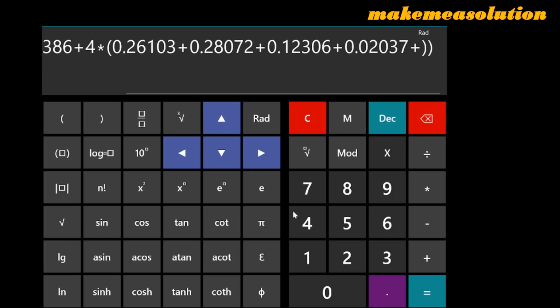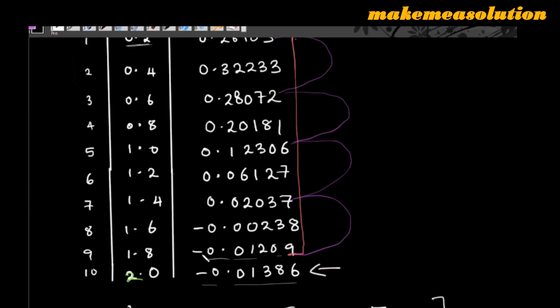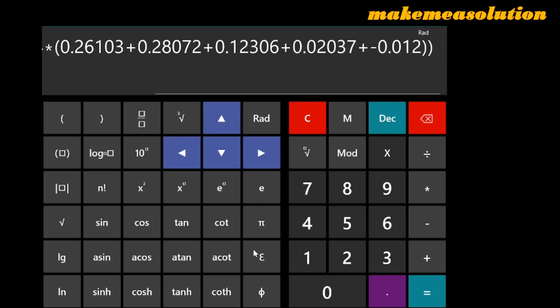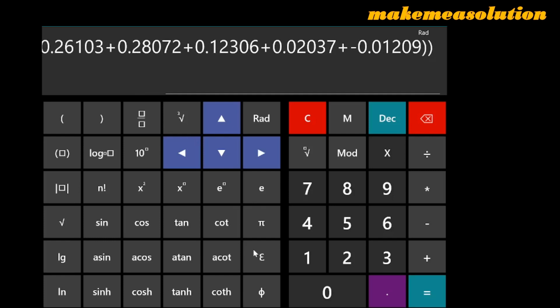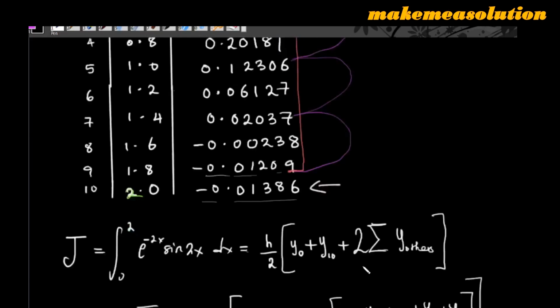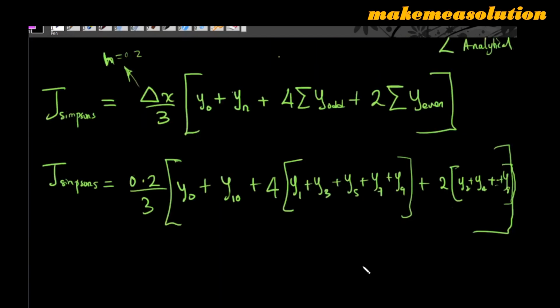Then you now have plus, we now have minus 0.01209 plus 0.01209. Okay, so this is all multiples that are going to enter for the odd ordinates.